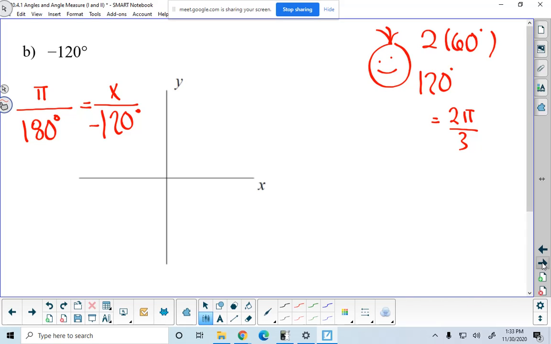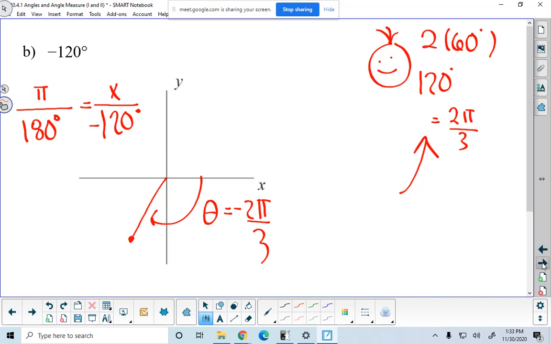I could just say there is negative 60, there is negative 120. So this is what the rotation angle looks like. It's negative 2 pi over 3. Over here in my brain, I'm not worried about what the negative is. I know the negative is clockwise.